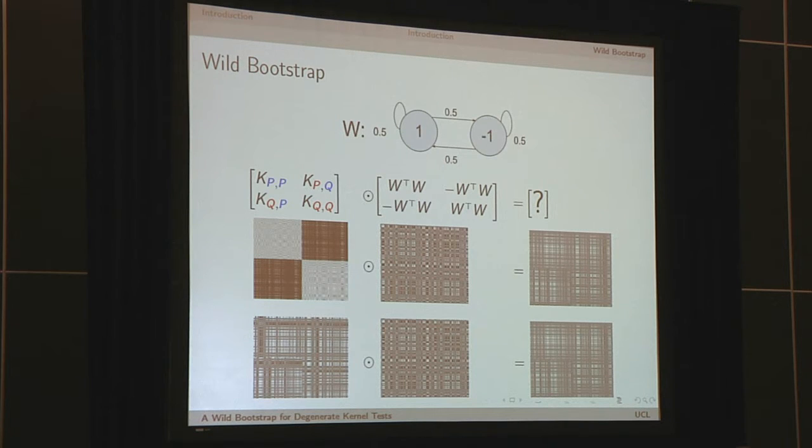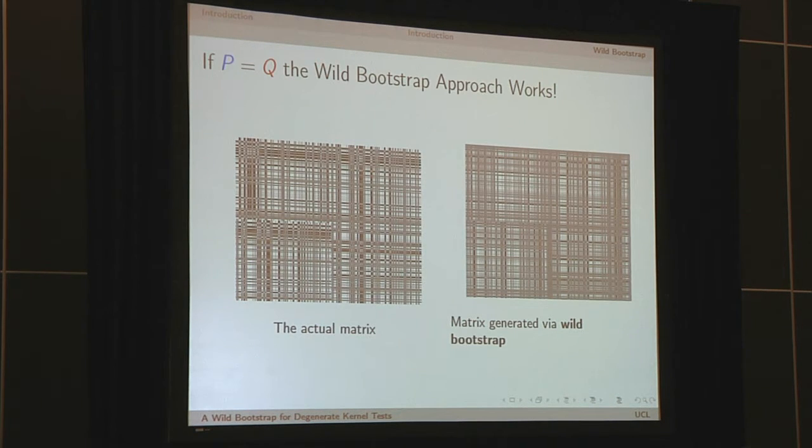Here, we're generating W as a Markov chain with a probability of switching from one state to the other equal to 0.5, where the first state is 1 and the second state is -1. Indeed, if you have a closer look at the actual matrix when P is equal to Q and the matrix that we get by multiplying the actual matrix by the bootstrapping matrix, they seem to be the same.